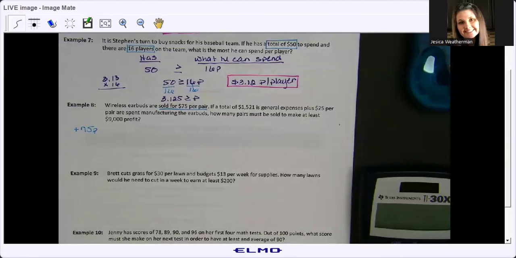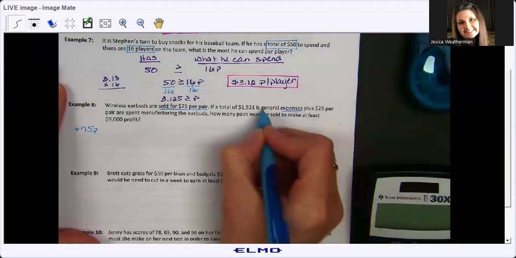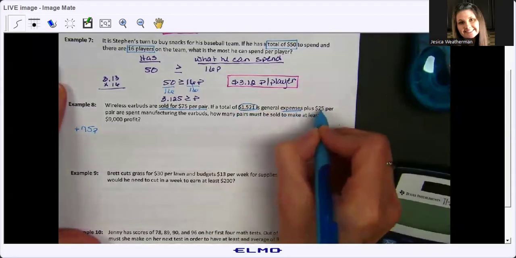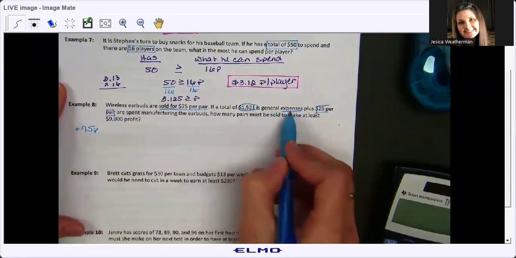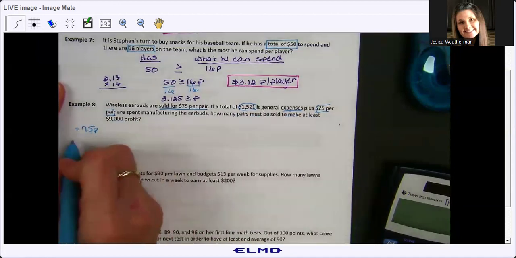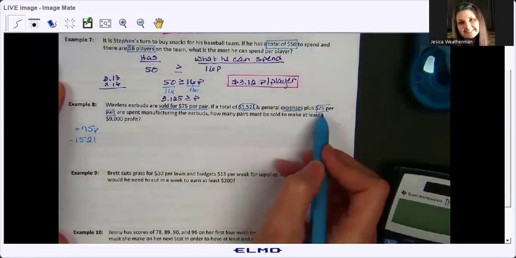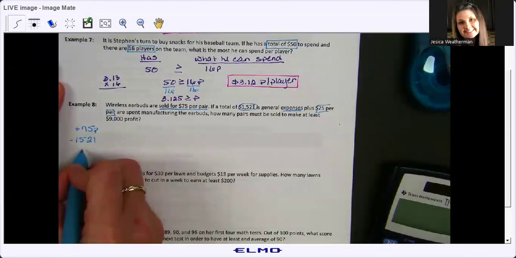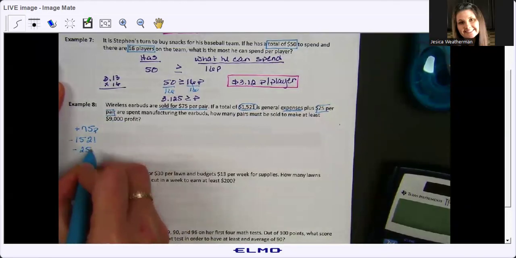Okay. And then their expenses here are $1,521 and $25 per pair. So it's a one-time expense of $1,521, and since it's an expense, they have to pay out that money, take it out of their bank account. So it's a negative 1,521. And then it costs them $25 per pair to make them, so that would be a negative 25p.